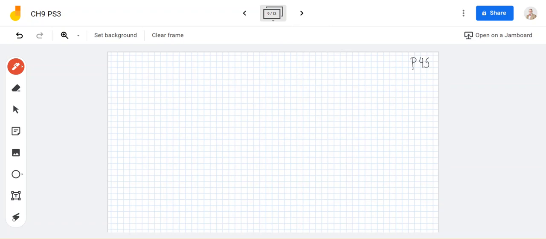Okay, so this is going to be a conservation of momentum type situation. So the original body is 20 kilograms moving through space.